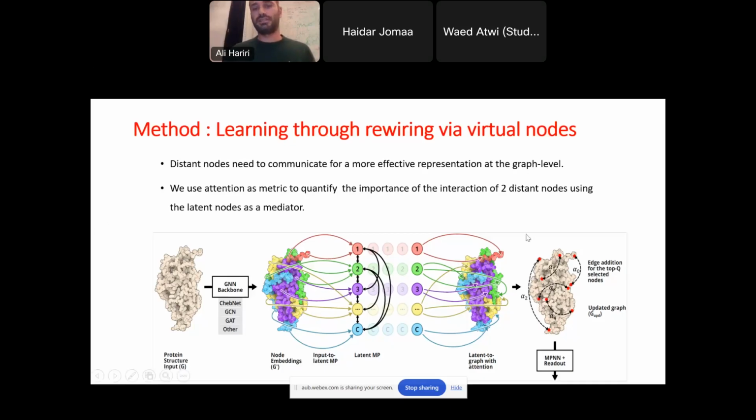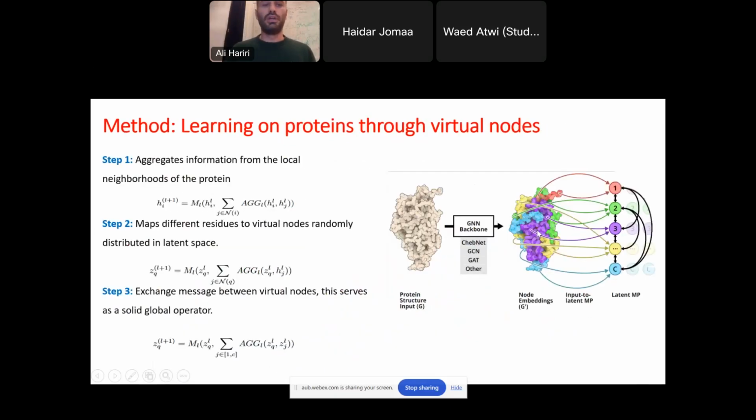And all of this that I just described to you is formulated in these equations here. In the first equation, I'm just repeating the formula I showed you before: I'm aggregating the information at the local level. Then I map information from residues to virtual nodes, let's say from the different clusters of different colors to the corresponding agents.